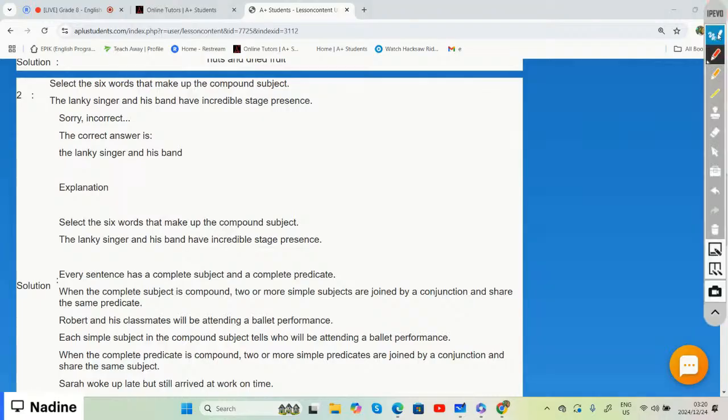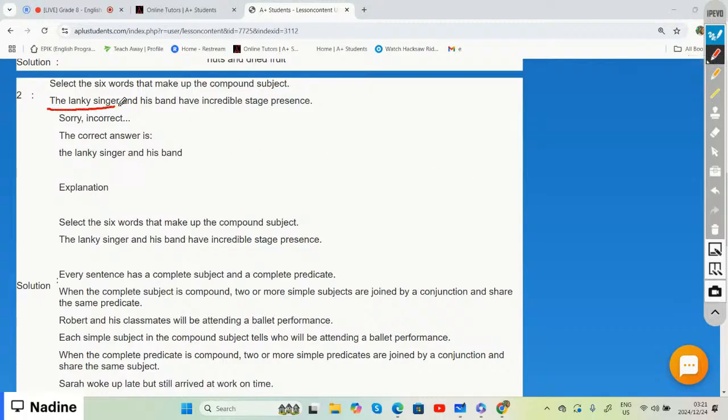And if we were to select the six words that make up the compound subject, the six words are the lanky singer and his band.